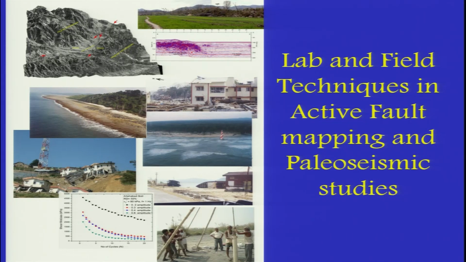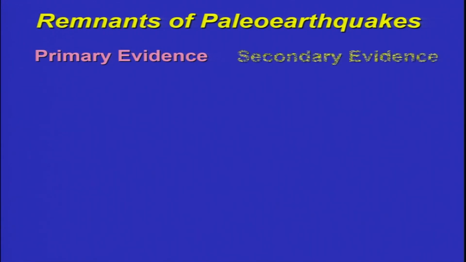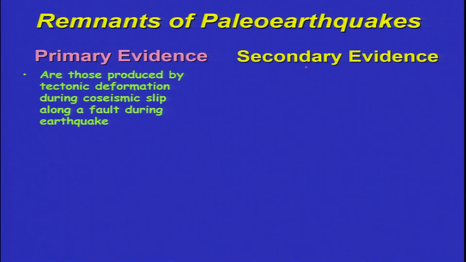So, let us look at the different parameters and different techniques we are going to use to identify the remnants of paleo earthquakes mainly. As we have discussed the primary and secondary structures, we now have the primary and secondary evidence of the paleo earthquakes.